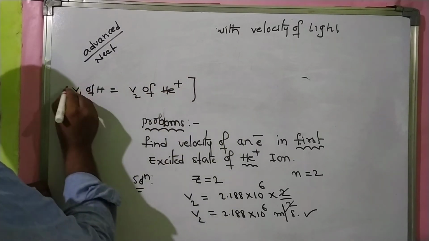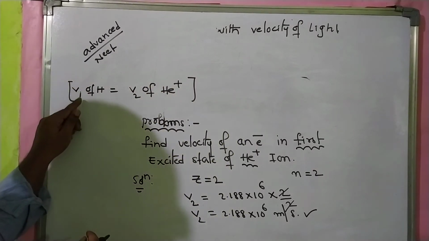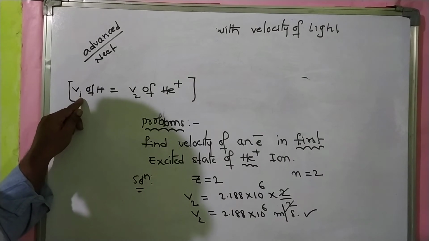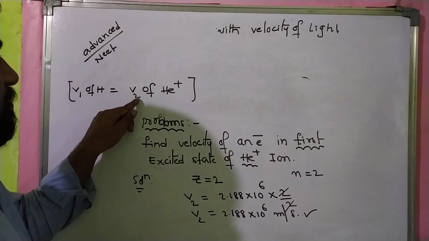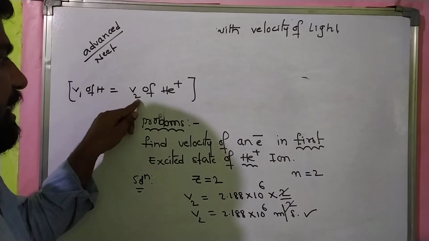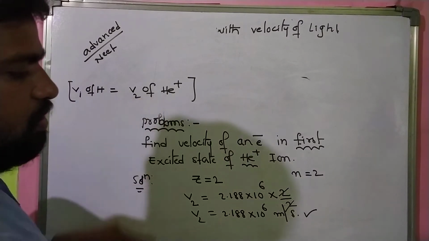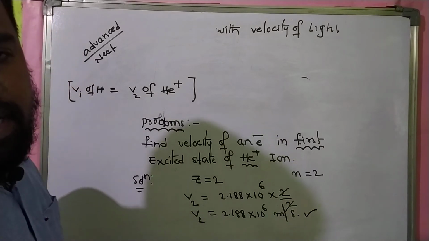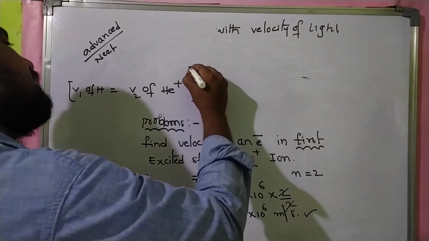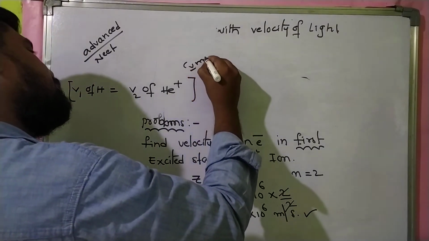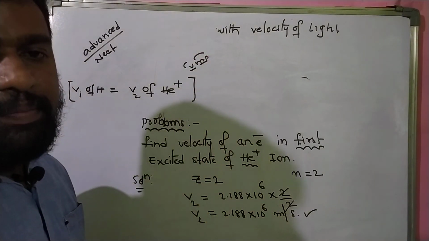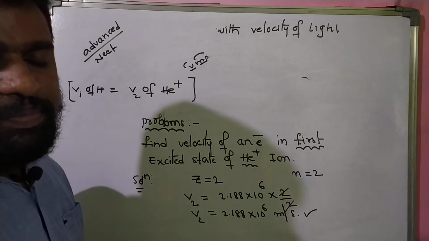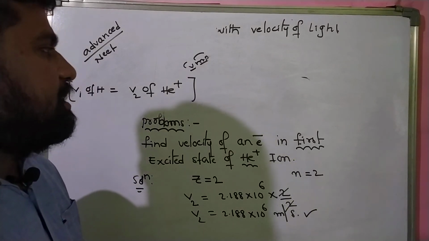Very, very important. The velocity of the electron in the first orbit of the hydrogen atom equals the velocity of the electron in the second orbit of helium plus. Both the values are the same. This type of model will be asked in Advanced, Mains and NEET exams.